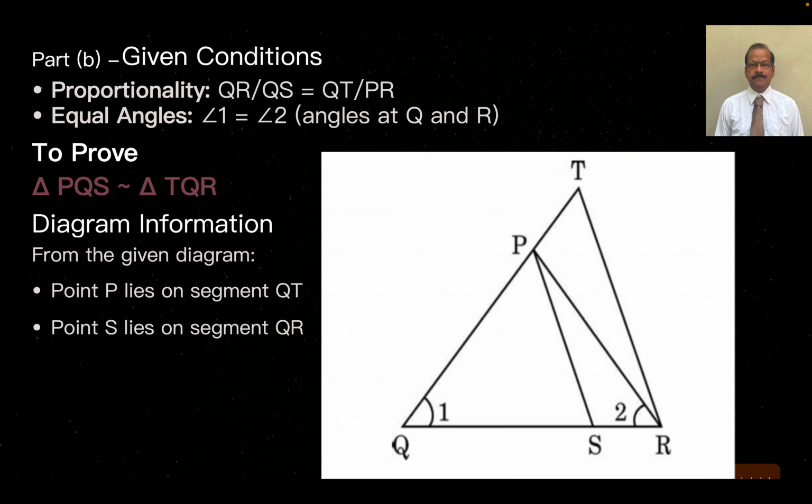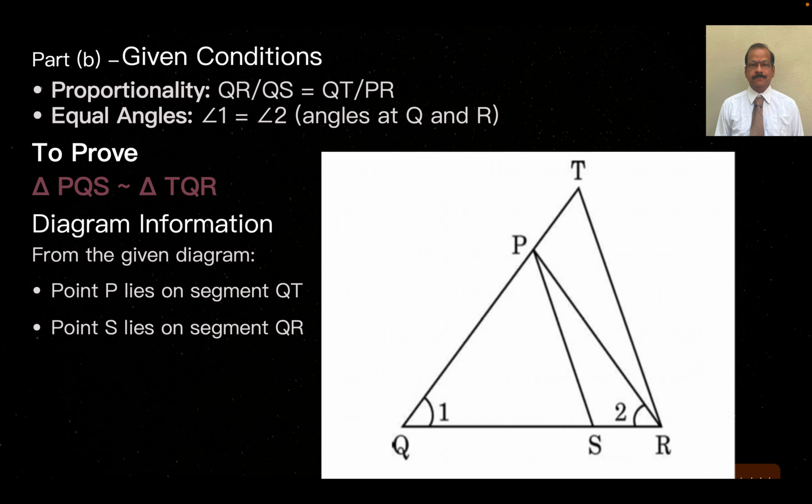Part B. Given conditions: proportionality QR by QS equal to QT by PR, and angles 1 and 2 are equal. In that case, what we are asked to prove is that triangle PQS and triangle TQR are similar.